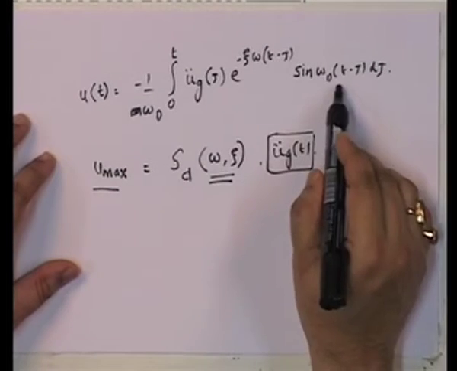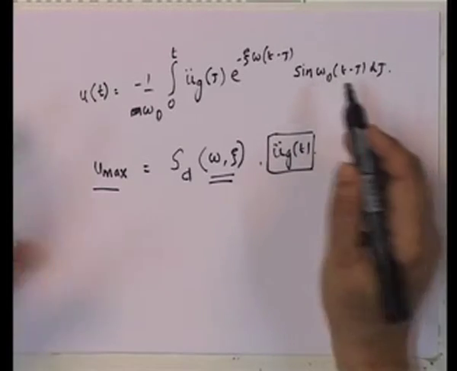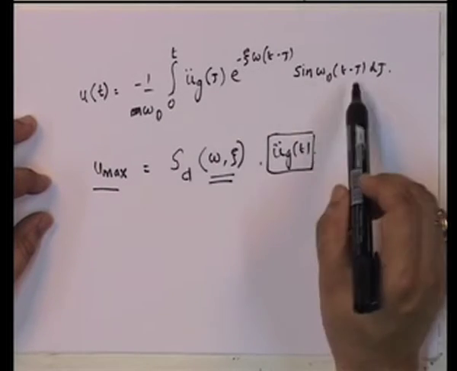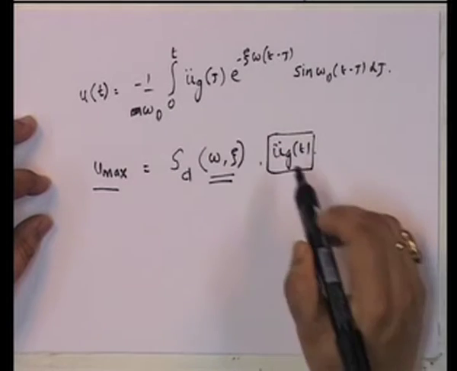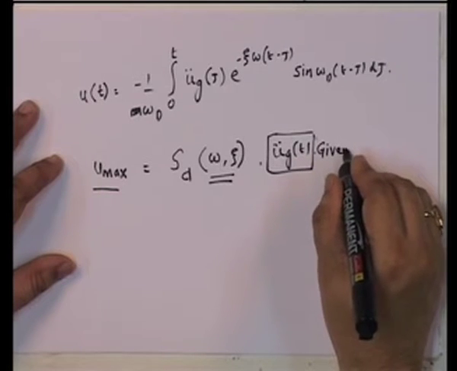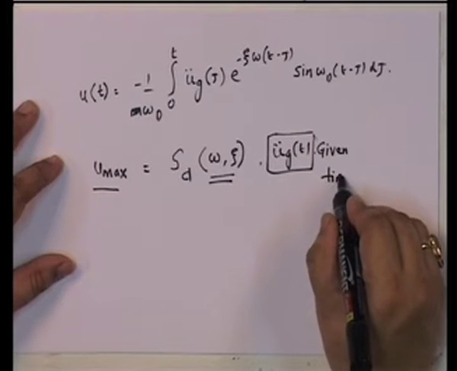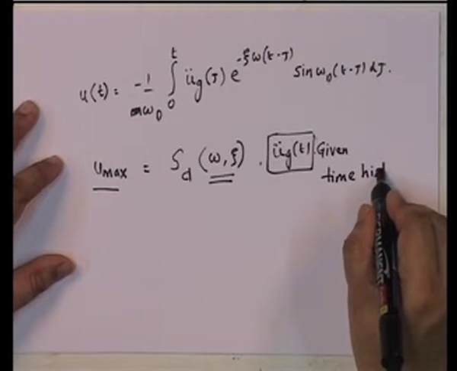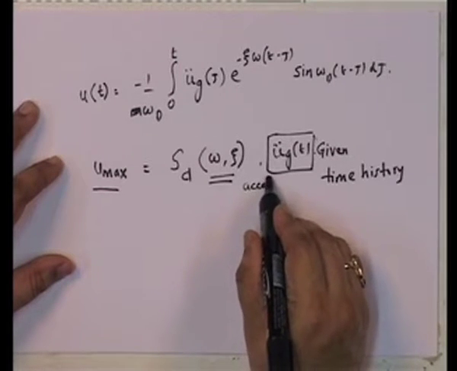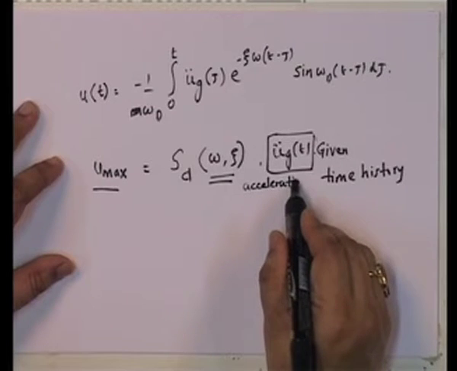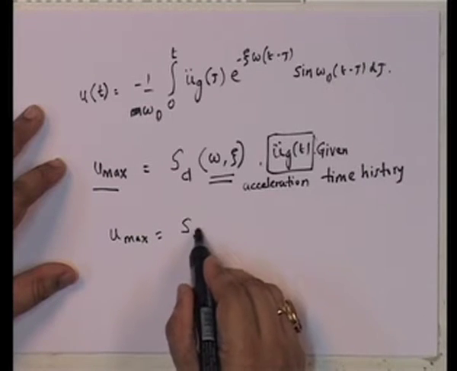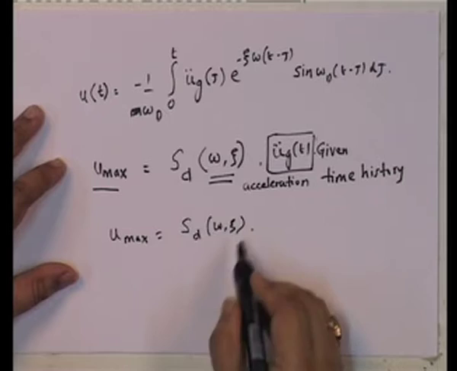Omega d is also a function of omega and xi, and the only other term you have is the ground acceleration. So u max is a function of this.